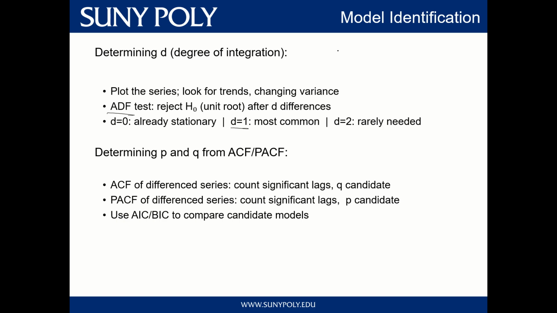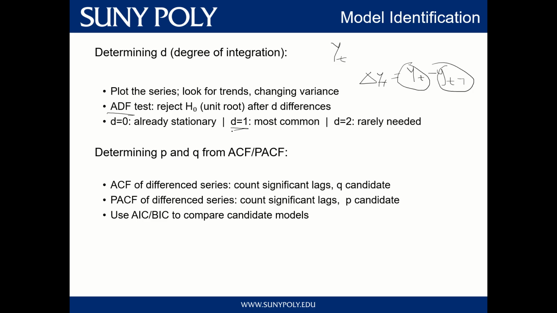Originally you have yt, so when you apply d = 1, you find yt minus yt minus 1. This means you take the value in the second period minus the value in period 1. You do the same with period 3 minus period 2, period 4 minus period 3. That's how you find the difference.